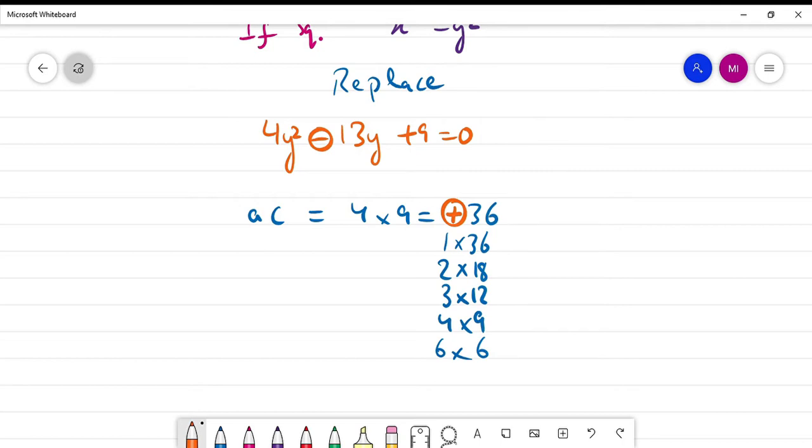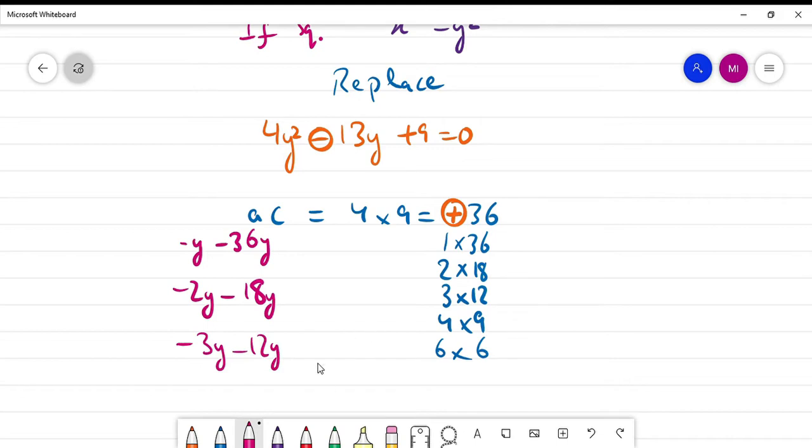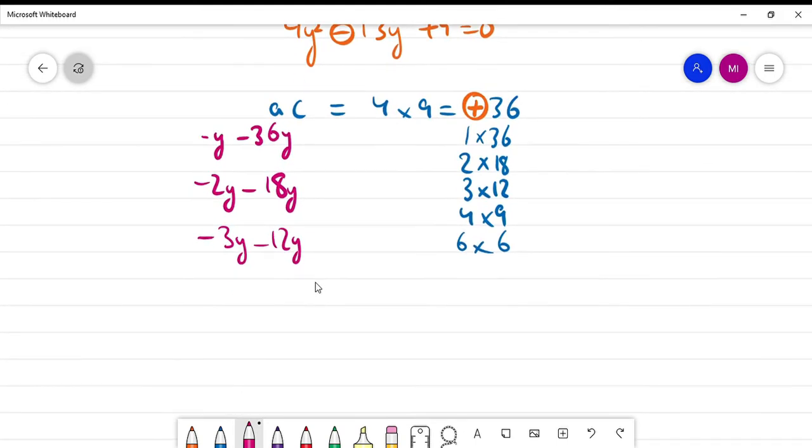So the scenarios are negative y minus 36y, negative 2y minus 18y, minus 3y minus 12y, negative 4y minus 9y, and negative 6y minus 6y.